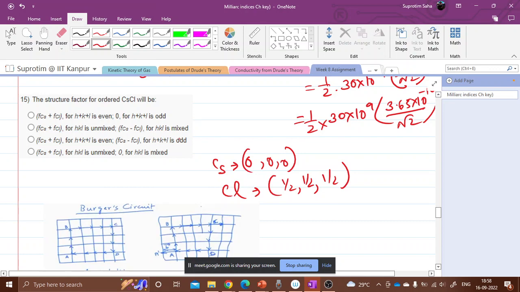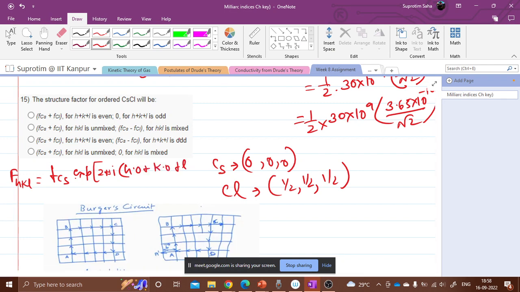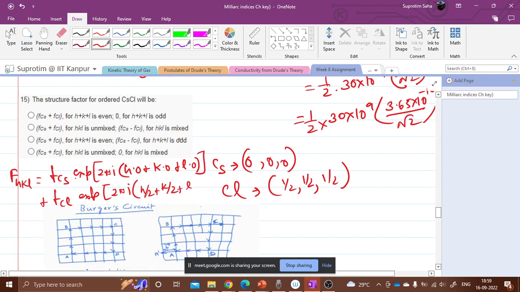So F(hkl) is F cesium times exponential of 2 pi i (h times 0 plus k times 0 plus l times 0), plus F chlorine times exponential of 2 pi i (h by 2 plus k by 2 plus l by 2).